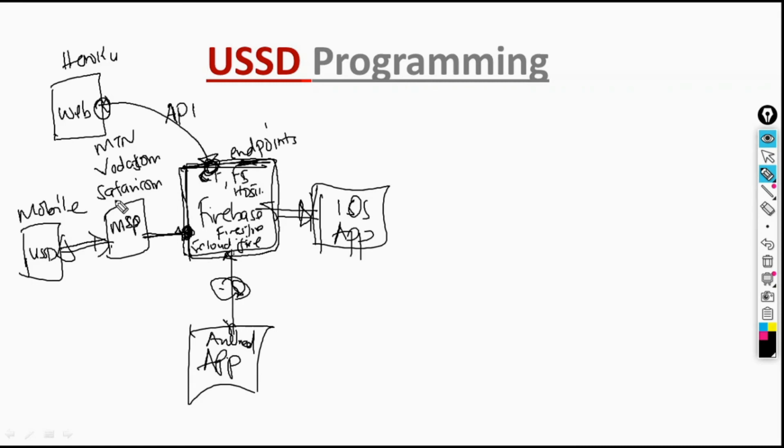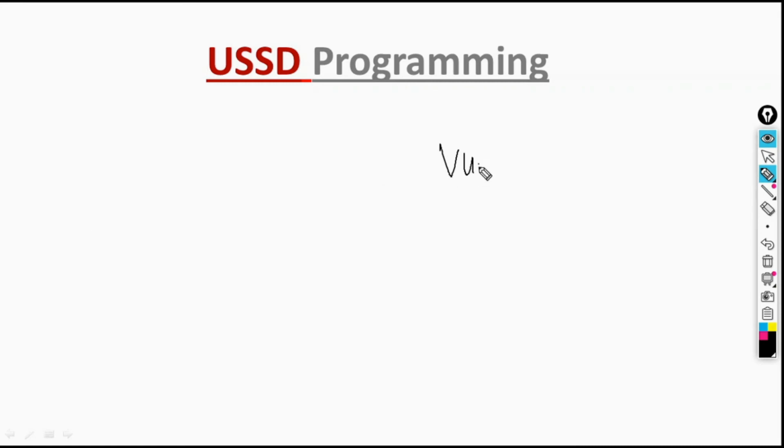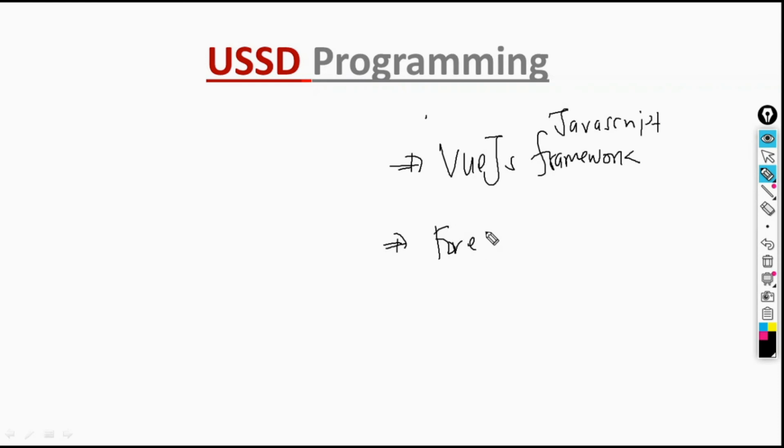But before we start developing, we're going to use the VueJS framework. This is a JavaScript framework. So we are going to use the VueJS JavaScript framework as the front end. And we are going to use the Firestore database as our data store.